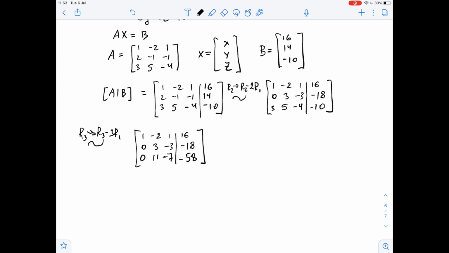In our next step, we divide the second row by 3, so row 2 becomes 1/3 times row 2. We get, so the first row stays the same, the second row becomes 0, 1, -1, -6, and the third row stays the same.